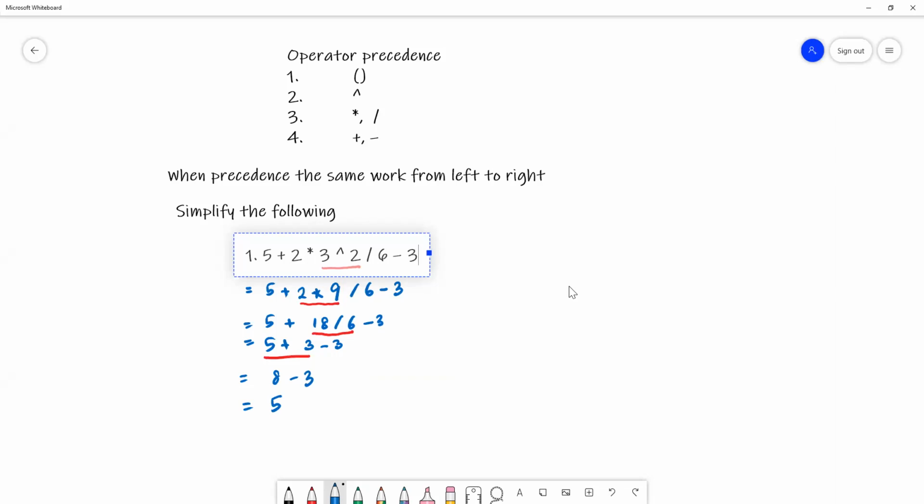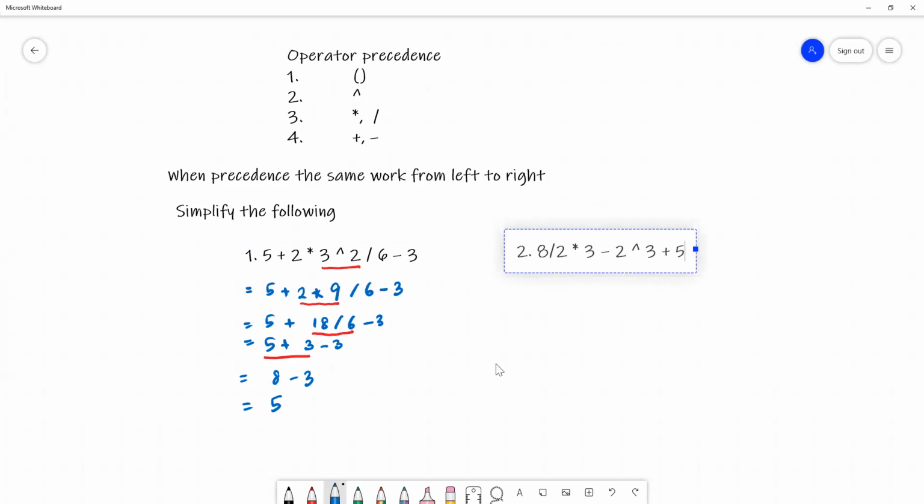Okay, so let's take down this, and then I want you to send me the answer for the second one. Let me give you a second one. Can you quickly work on this one?